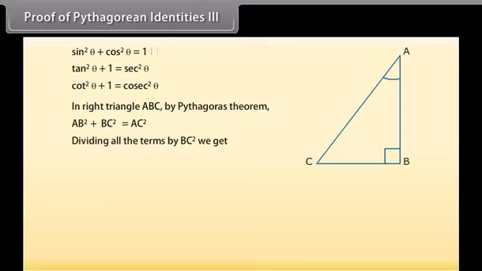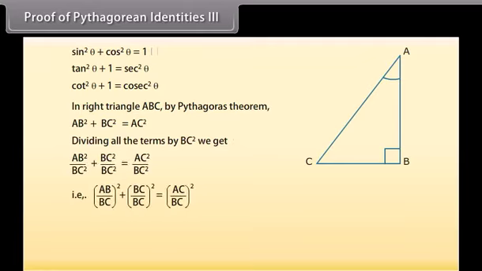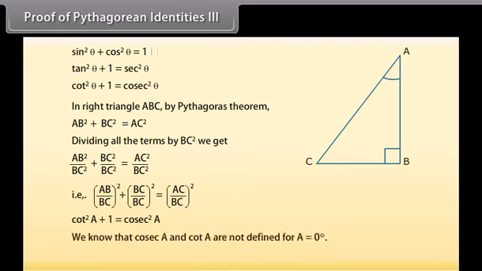Dividing all the terms by BC square, we can write it as (AB upon BC) whole square plus (BC upon BC) whole square is equal to (AC upon BC) whole square. That is, cot square A plus 1 is equal to cosec square A. We know that cosec A and cot A are not defined for A is equal to 0 degree. Therefore, it is true for all A such that 0 degree is smaller than A, which is smaller than or equal to 90 degree.